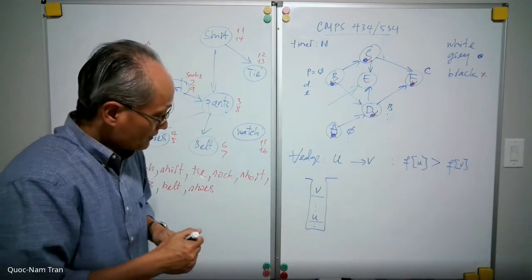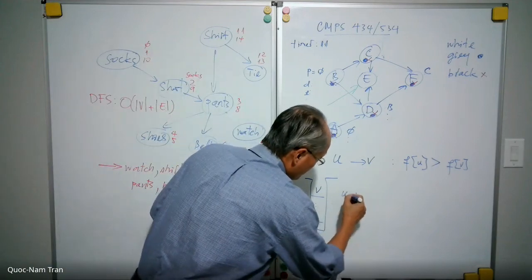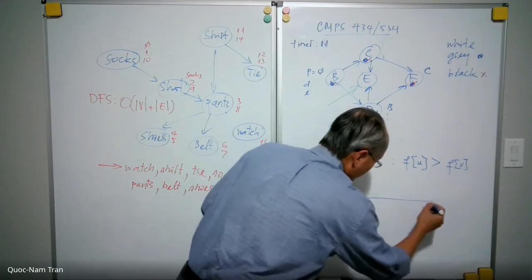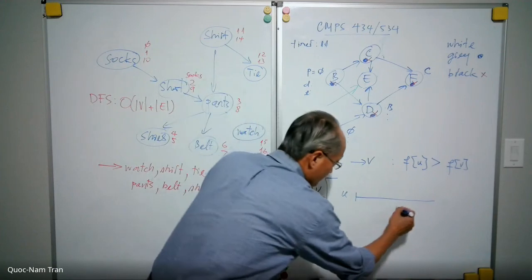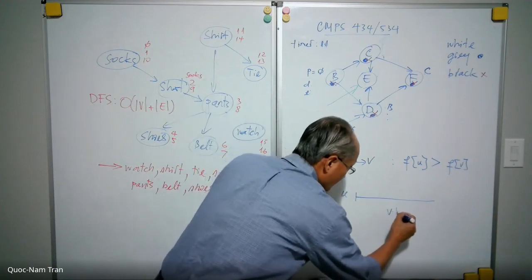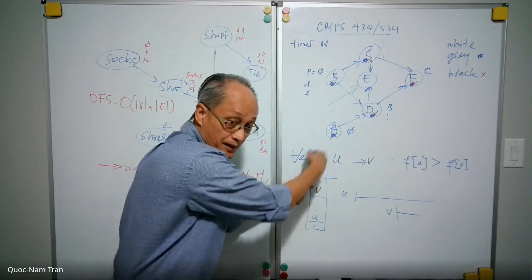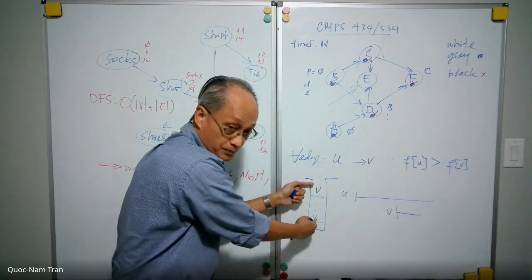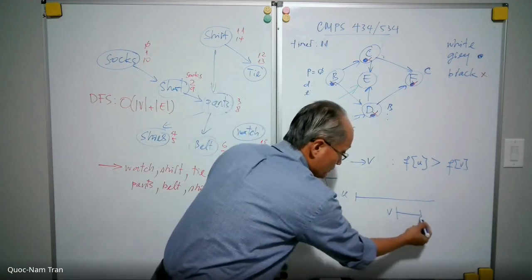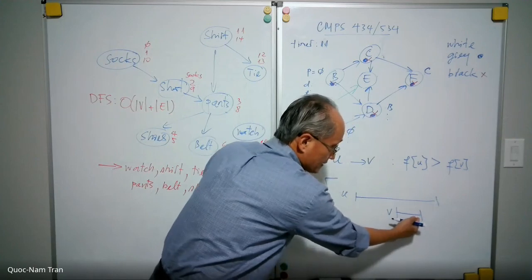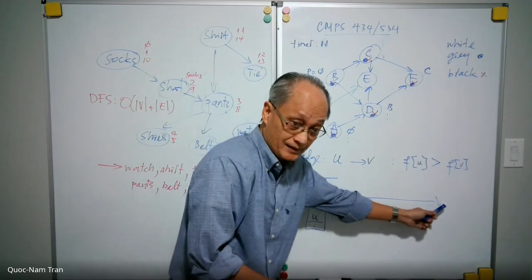So the discovery time of U is from here, and now you discover V. But V has to be finished and popped out before U is popped out.